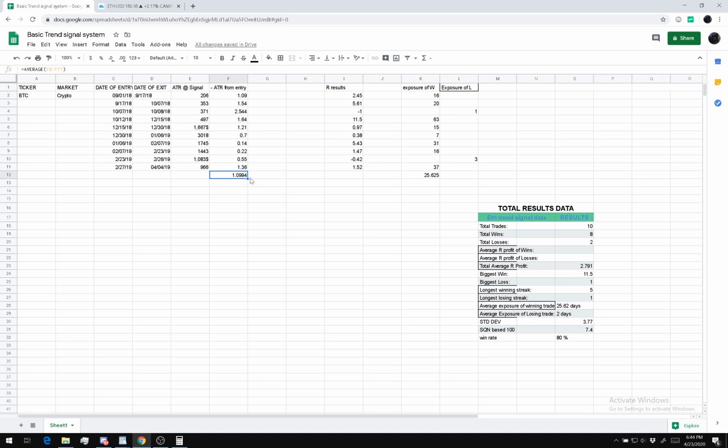So the goal of a stop is to make it as close as possible without getting stopped out. That's how you make maximum profits. So I could have used a larger stop, and I will win more trades. My percentage of winning will be higher, but the amount that I'm gaining off of each trade will be lower the higher I use.